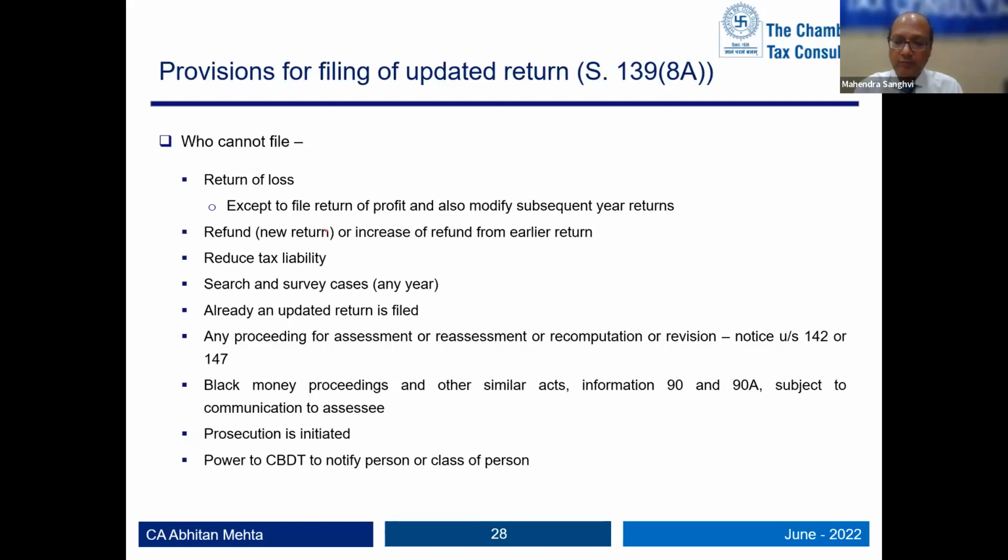And there is a separate exclusion where it says, for example, 147 proceedings or black money proceedings, they categorically provide that proceedings are initiated for the relevant assessment years. For search and survey, they have not provided that and made two separate provisos with this distinction. So the intention is not to cover. I would feel that all earlier years would be covered if a search is happening today, but subsequently nothing is there.